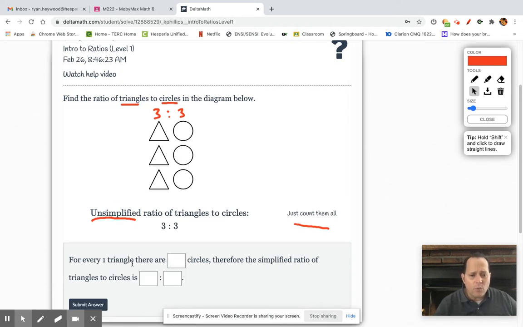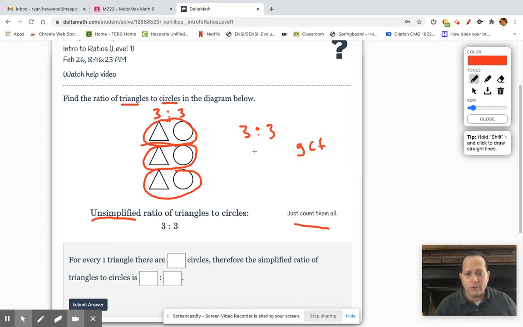Now, for every 1 triangle, there are how many circles? Well, let's take a look. We have 1 triangle and 1 circle. And if we divided these into 3 groups, 1, 2, 3, or if we took our ratio 3 to 3 and used our greatest common factor, which is 3, because 3 goes into 3 one time.